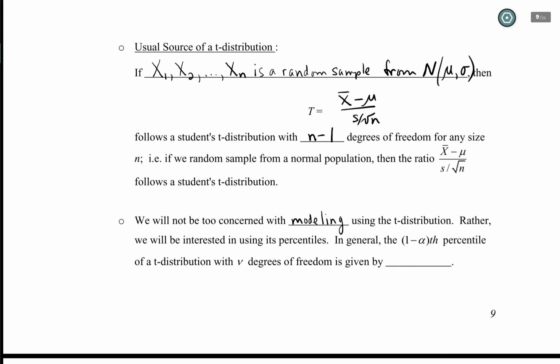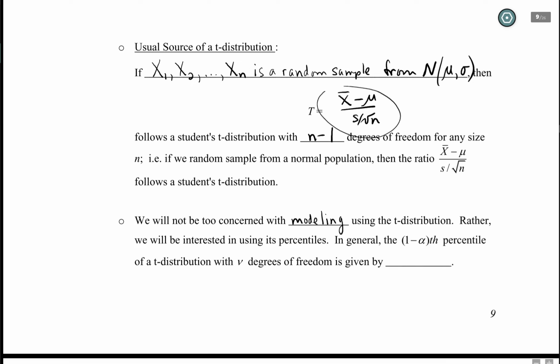We did that with the normal distribution. We modeled IQ scores with a normal distribution. That kind of modeling procedure is not done typically with the t distribution. What we want to do is use its percentiles, because that's the distribution of this ratio here.